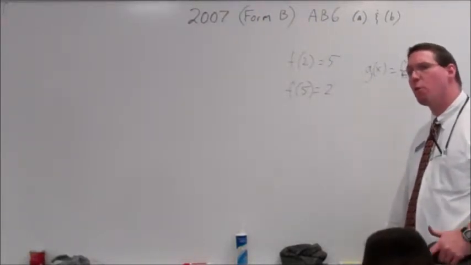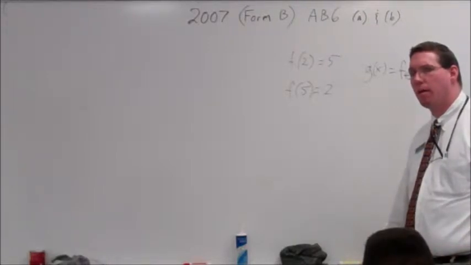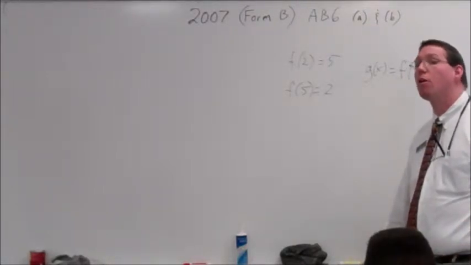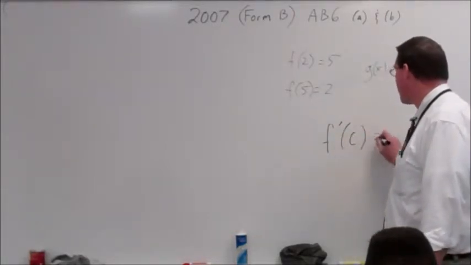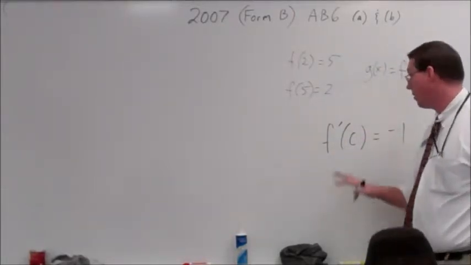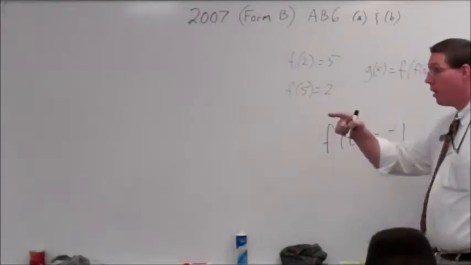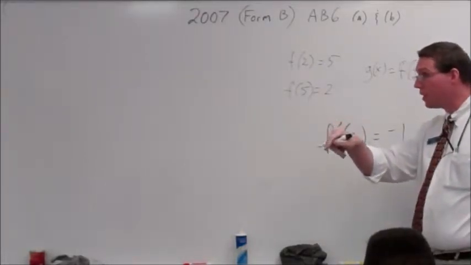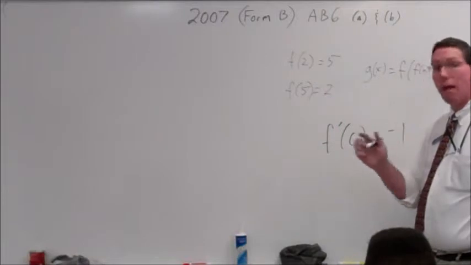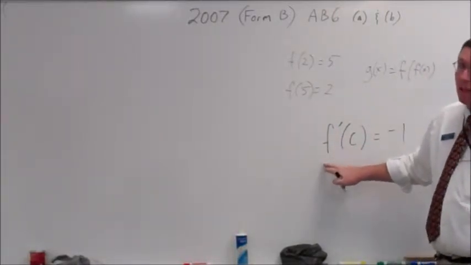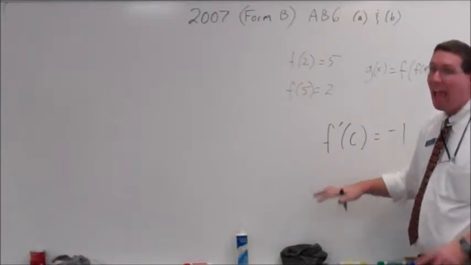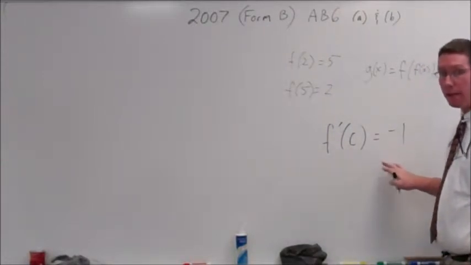Is there another way to say that? Let's think of three ways of saying this. Not average rate of change. What's the other one? The slope of f of x at c is -1.